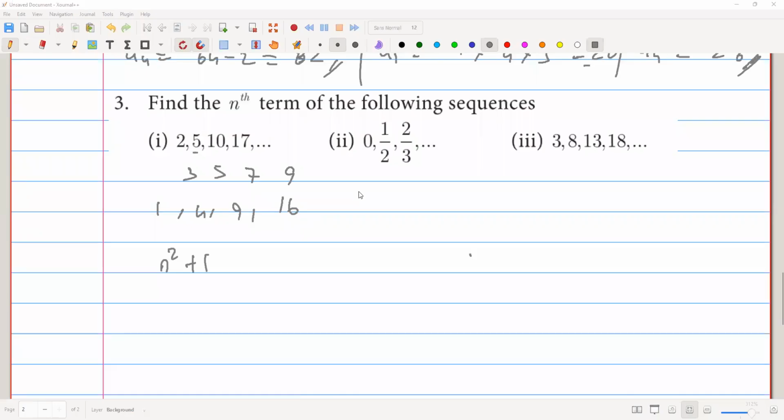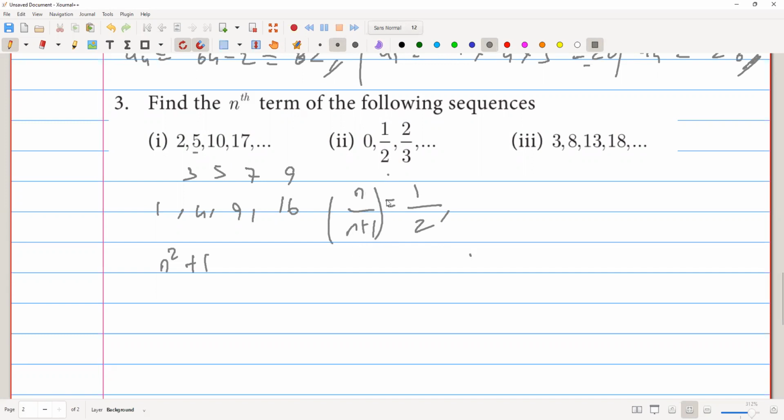You say it is n by n plus 1, so the first term is 1 by 2, but that's in the second term. So there should be something like n divided by n.